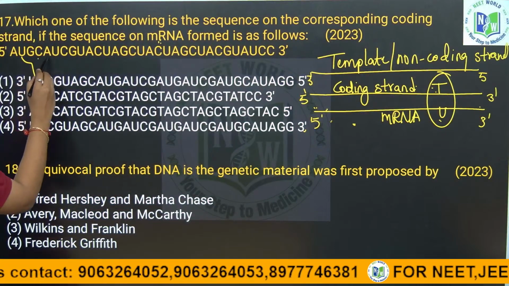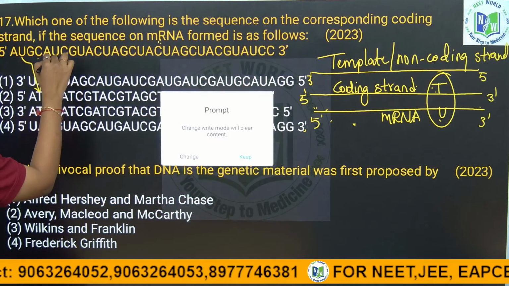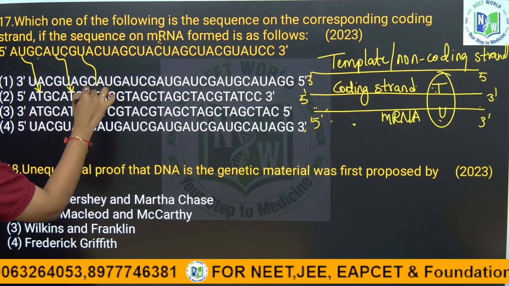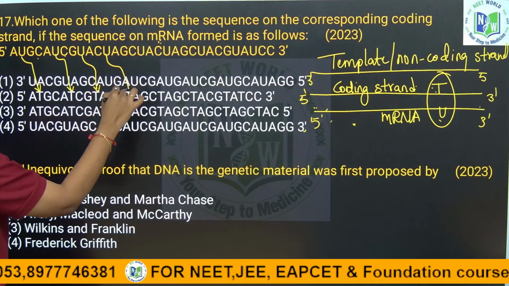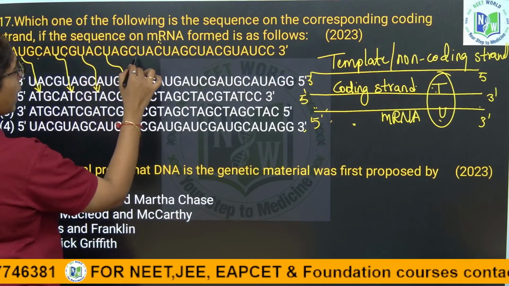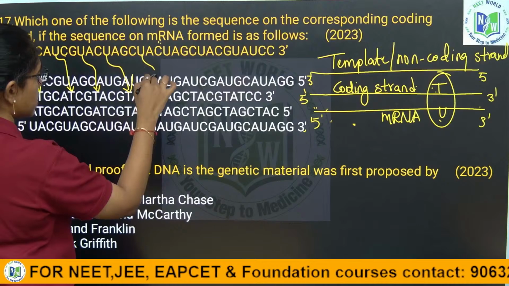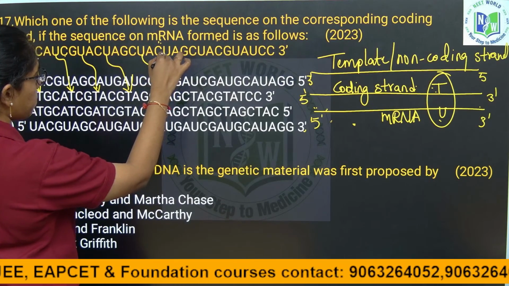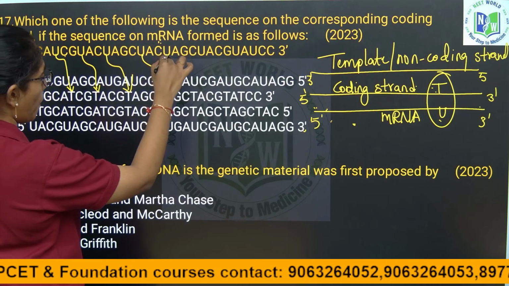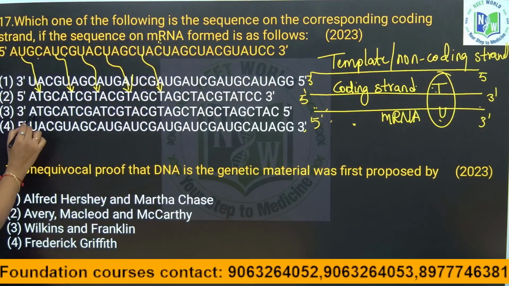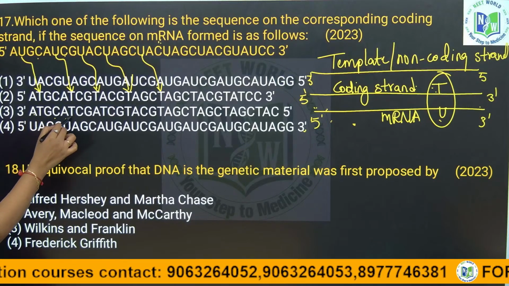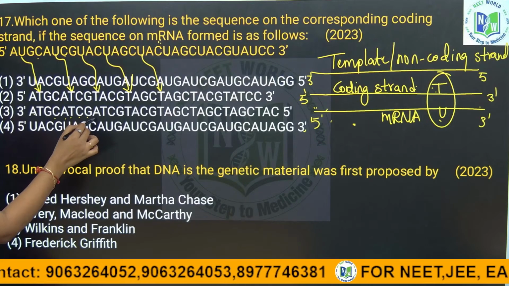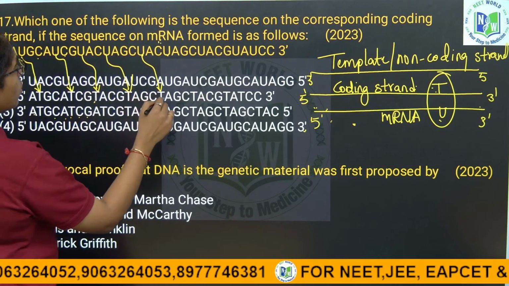Now, CAU, again CAT, okay, CGU, again T. Just check whether it is given in a correct order or not. C. Yeah, correct only.